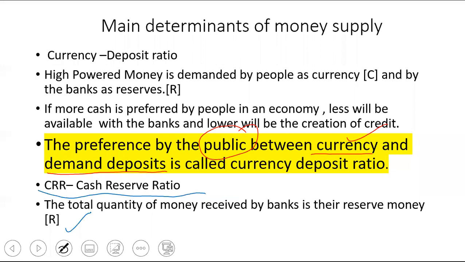In high-powered money, you saw, high-powered money is equivalent to C plus R. R is the reserve ratio. Reserve ratio means how much amount out of the total deposit the commercial bank keeps in reserve, that is known as reserve.